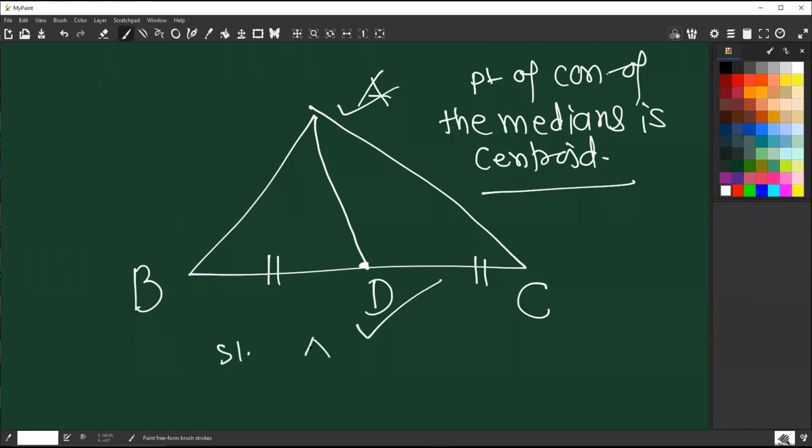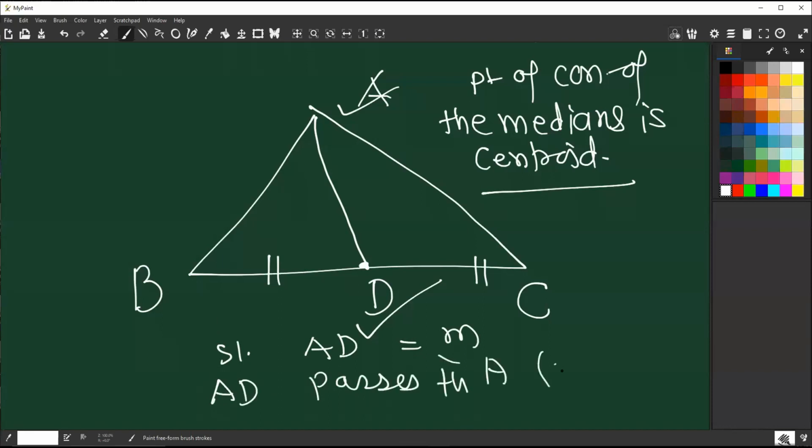Slope AD निकालो, which is my M, and AD passes through A, which is my x1, y1.